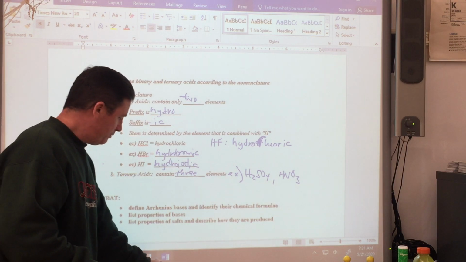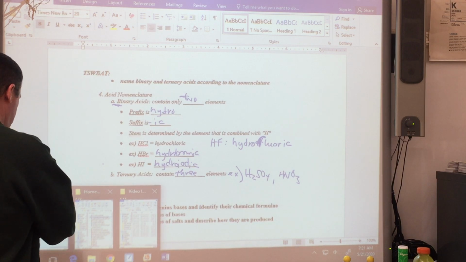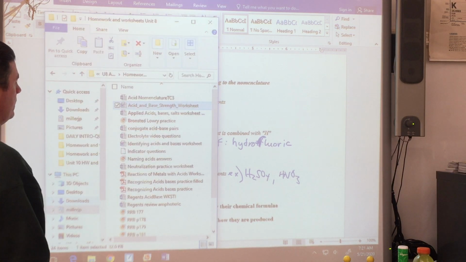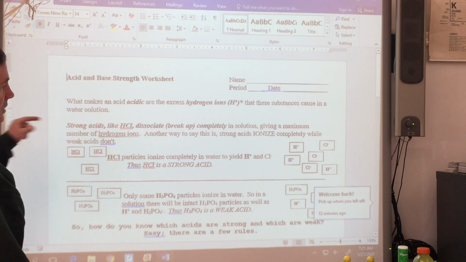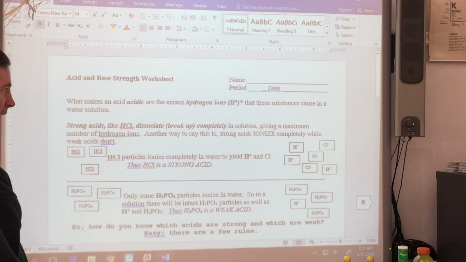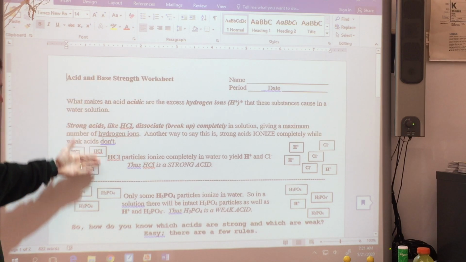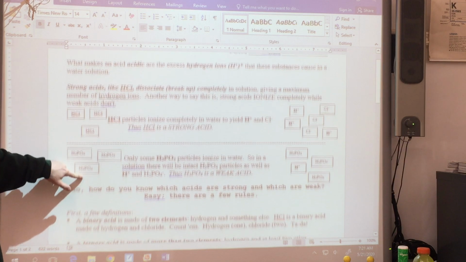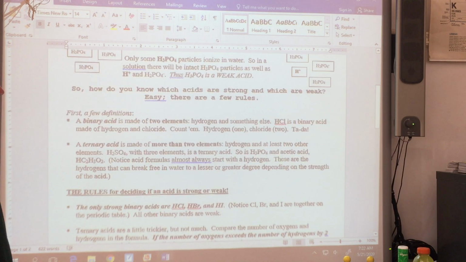All right? So your homework for tonight is this one. I will post this for you. Basically, when you read through this, it will tell you what a strong acid is and what a weak acid is.